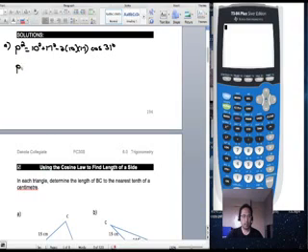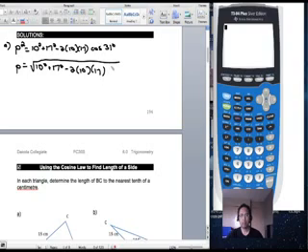So p, and you can punch this into your calculator as the square root of all this stuff, right? So just copy that down. And that line segment turns out to be around 9.9 centimeters.